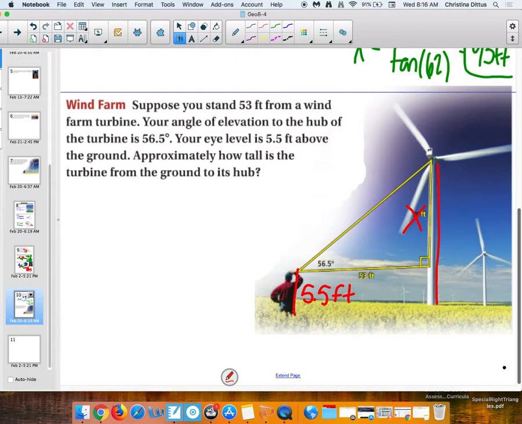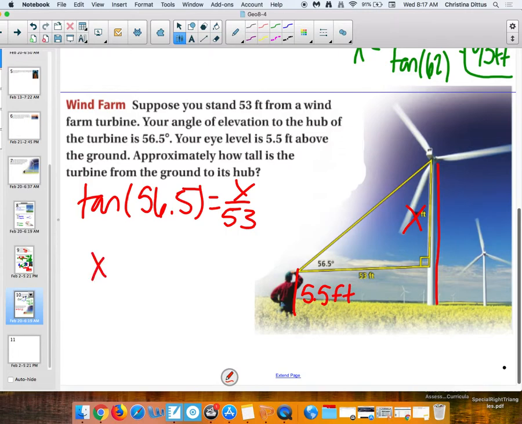This distance is what we're going to label as X. So am I looking at SOH CAH TOA? TOA, so I got the tan of 56.5 equals X over 50, because I can just multiply by 50.